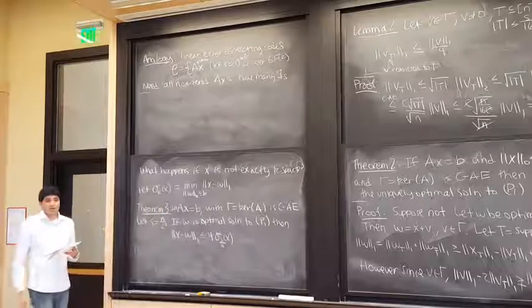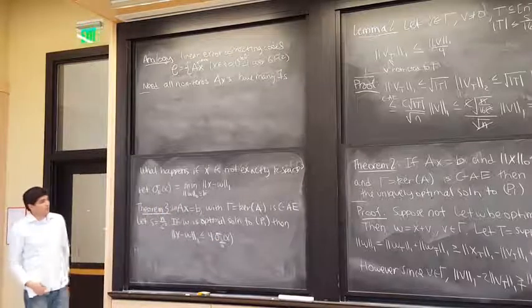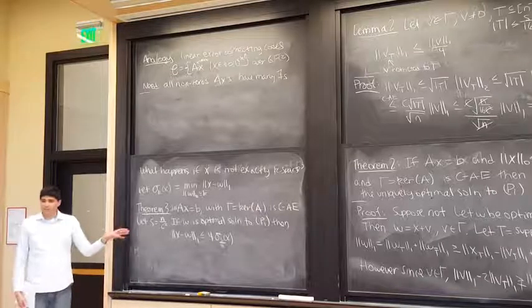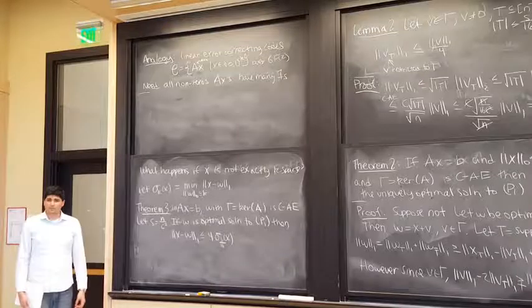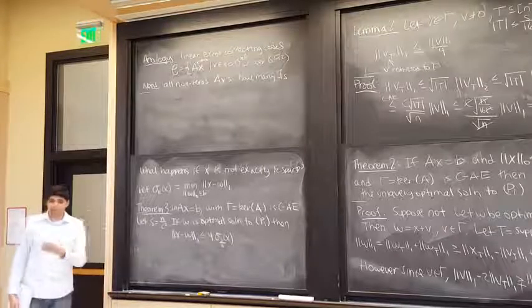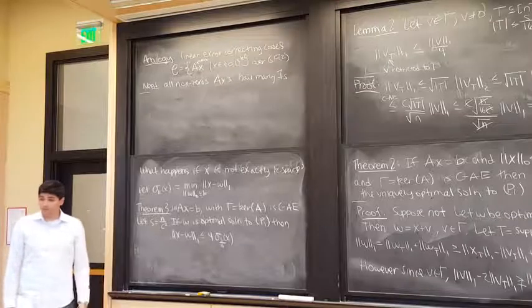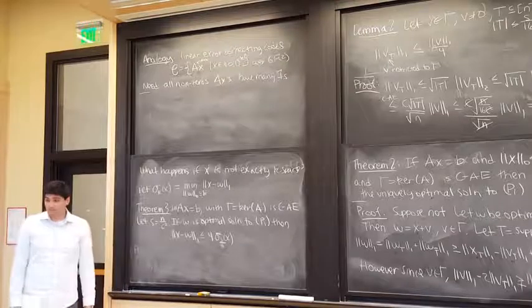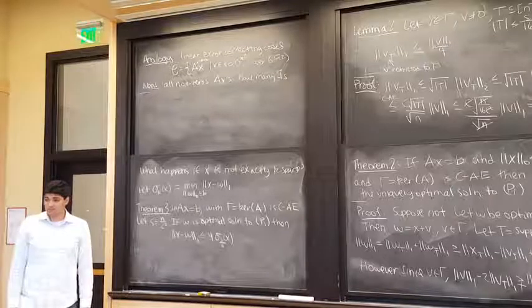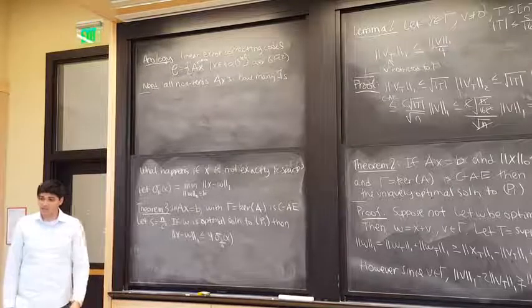What's important about this, so can anyone tell me why theorem 3 is actually a generalization of theorem 2? Just to impress upon you the fact that it's already powerful, yeah? Well, if sigma sub S over 16 is 0, then the difference will be 0 and we'll have the exact solution. Exactly.